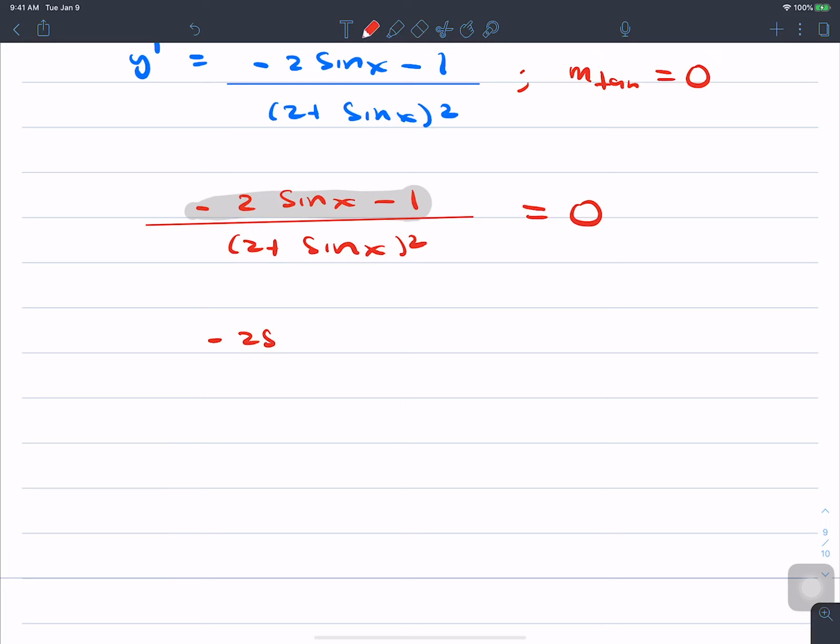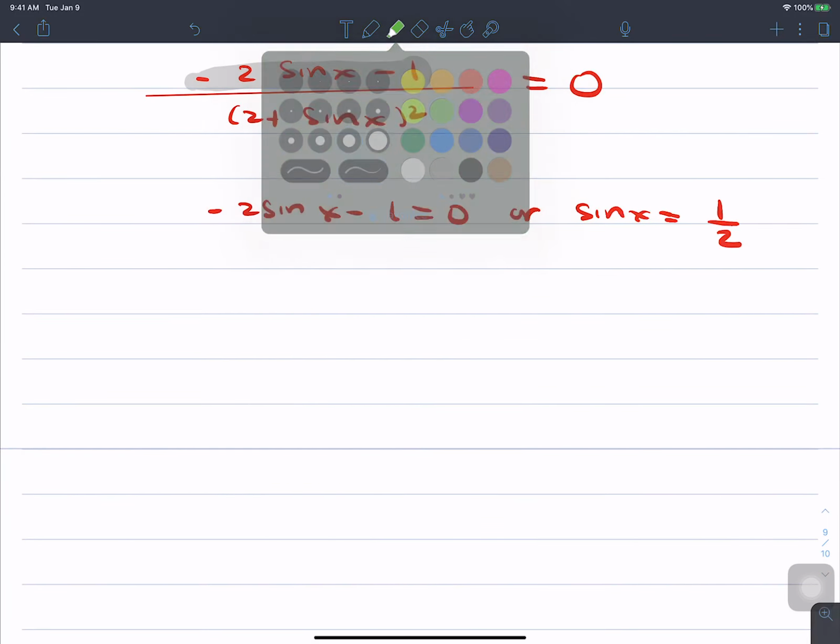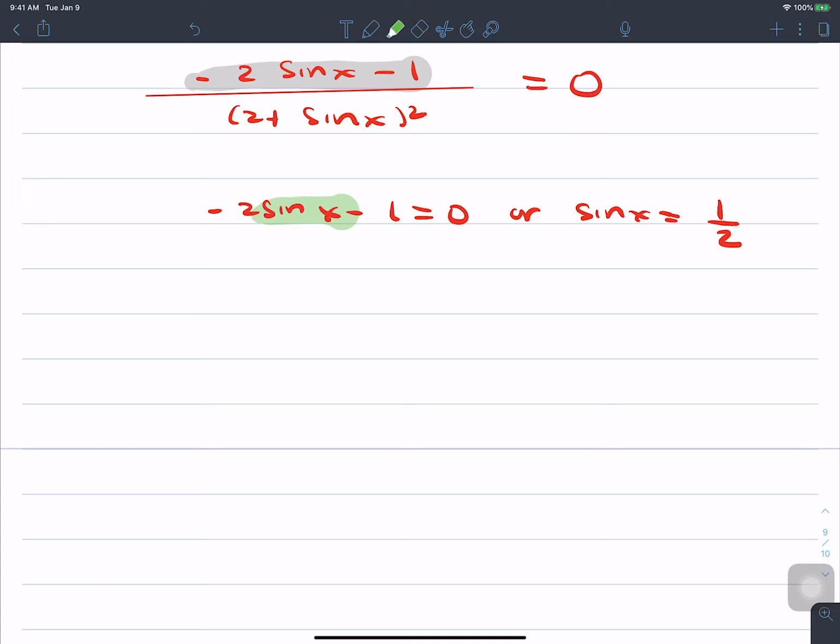So that means negative 2 sine x minus 1 is 0, or we can simply say sine x is a positive 1/2. And you say, well, how did you get that? I just solved for sine. I got sine by itself. So we add 1 to both sides. And actually, I think it's negative. Yeah. Add 1, right? You get negative 2 sine x is 1. So there you go.